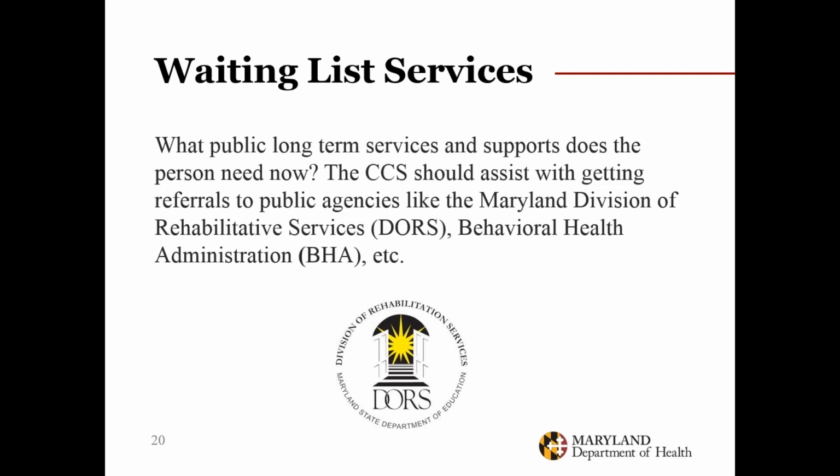The CCS should assist with getting referrals to public agencies like the Maryland Division of Rehabilitative Services and the Behavioral Health Administration. It is preferable that the person does not wait to receive DDA waiver services. The CCS should attempt to connect them with any local resources that may address their current needs.